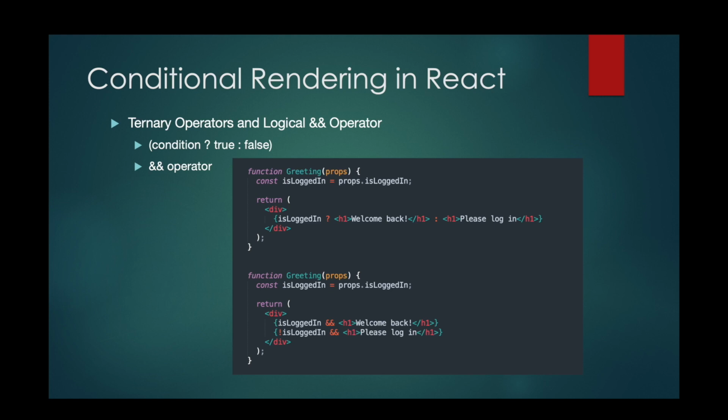But instead of using if else, we are using the ternary operator. Whereas in the second AppGreeting function, we're checking isLoggedIn and if it's true, then we say welcome back. If not, then we say please log in, using the AND operator and in this case we are saying not isLoggedIn. So depending on which property is true, it will print out that particular HTML.